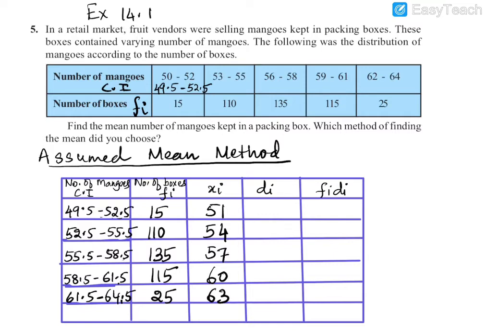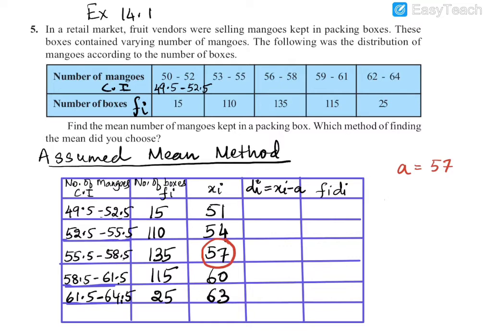To use the assumed mean method, we'll have to choose one value from the xi values as a. So let a be equal to 57, which is the centermost value out of all these. Now for each xi, we have to find di, which is given by xi minus a.